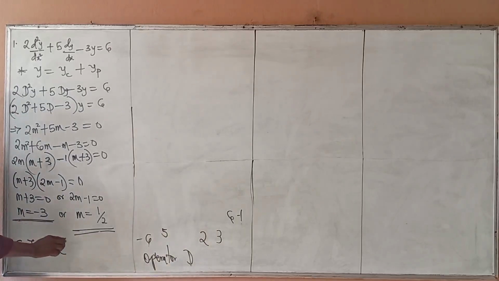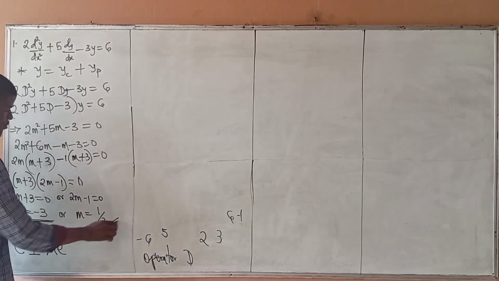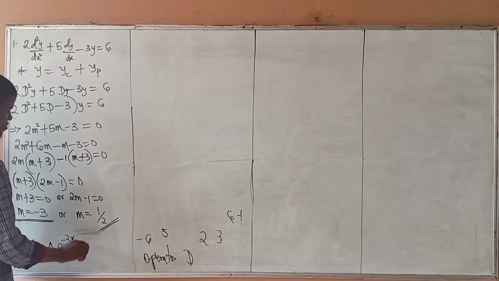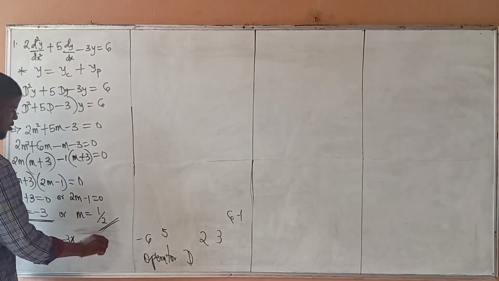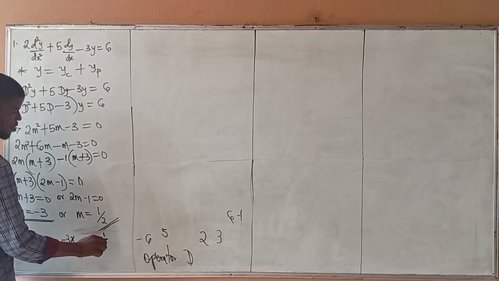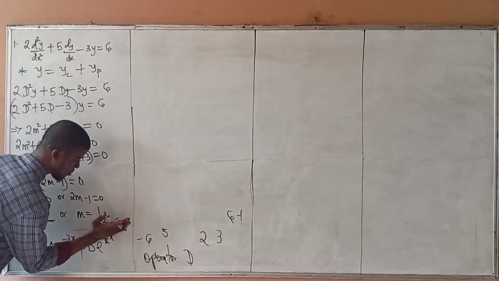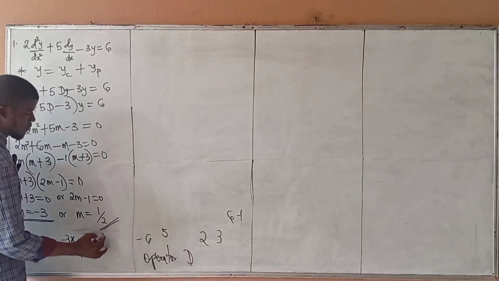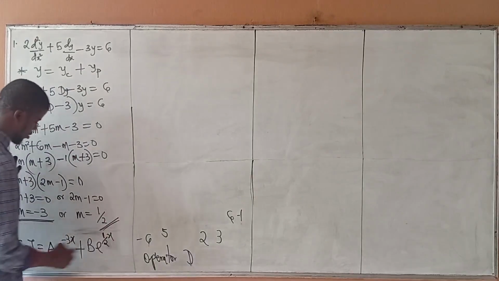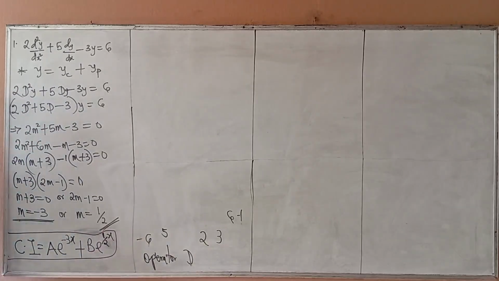Alpha is minus 3, you get that? And beta is positive 1 over 2. So it is e to the power of 1 over 2 x. This is the complementary function, straight up.